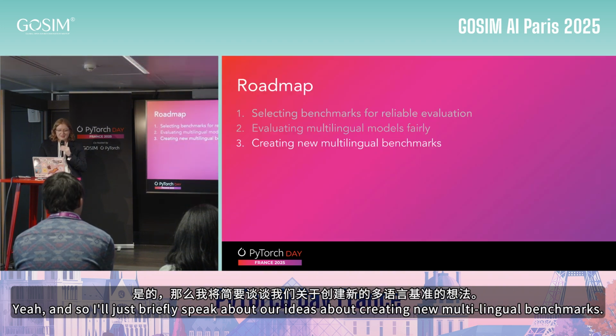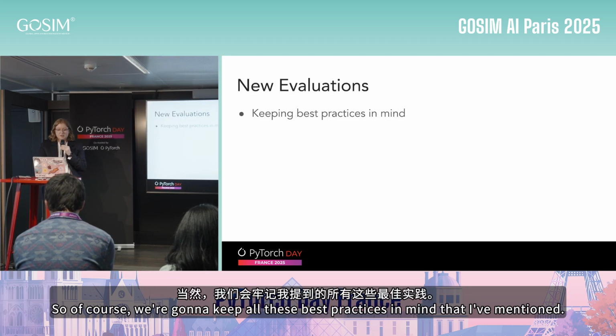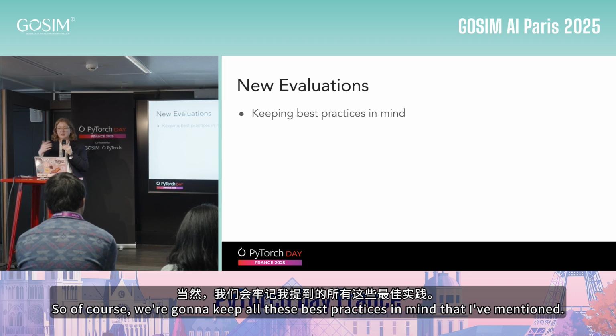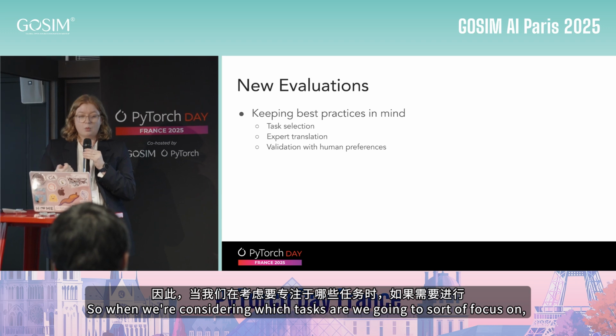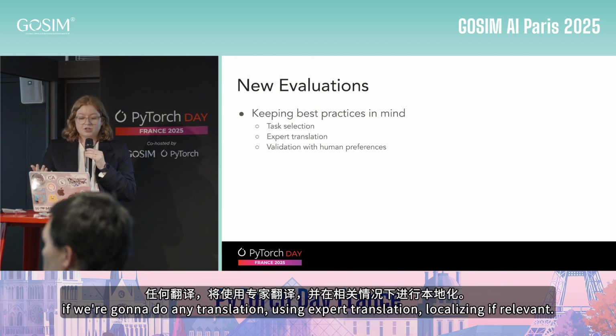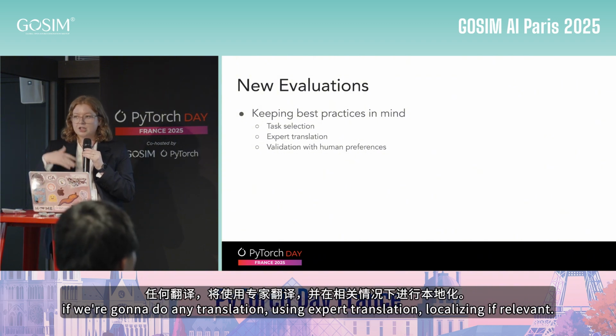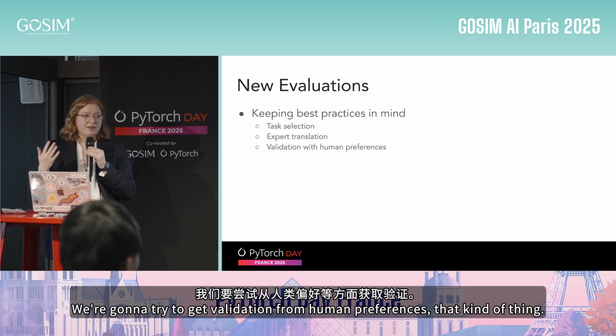And so I'll just briefly speak about our ideas about creating new multilingual benchmarks. Of course we're going to keep all these best practices in mind that I've mentioned. So when we're considering which tasks we're going to focus on, if we're going to do any translation, using expert translation, localizing if relevant, we're going to try to get validation from human preferences, that kind of thing.